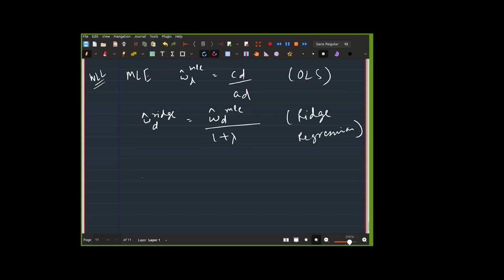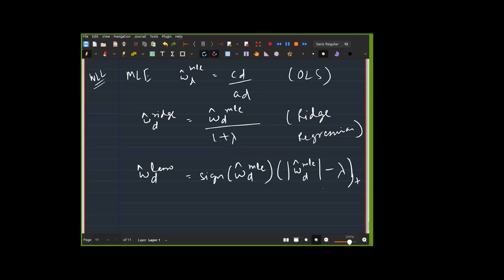And then we have lasso regression. So there we have W_d hat lasso, which is basically the sign of W_d hat MLE times the modulus of W_d hat MLE minus lambda, plus.